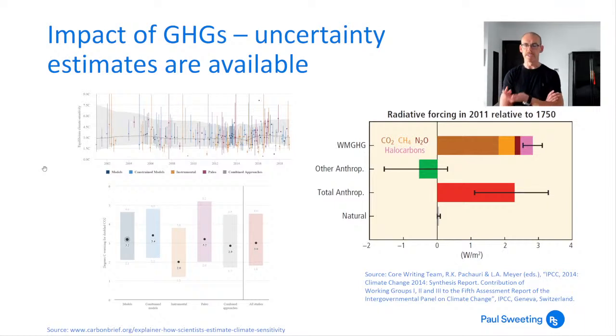Something else which is useful and which is out there is impacts, the uncertainty estimates of the impact of greenhouse gases. So people are broadly agreed that greenhouse gases are the main cause of global warming, but the impact of greenhouse gases is something which is less well agreed upon. I mean, it's pretty well agreed upon, but there is a range. And different approaches come up with different numbers.